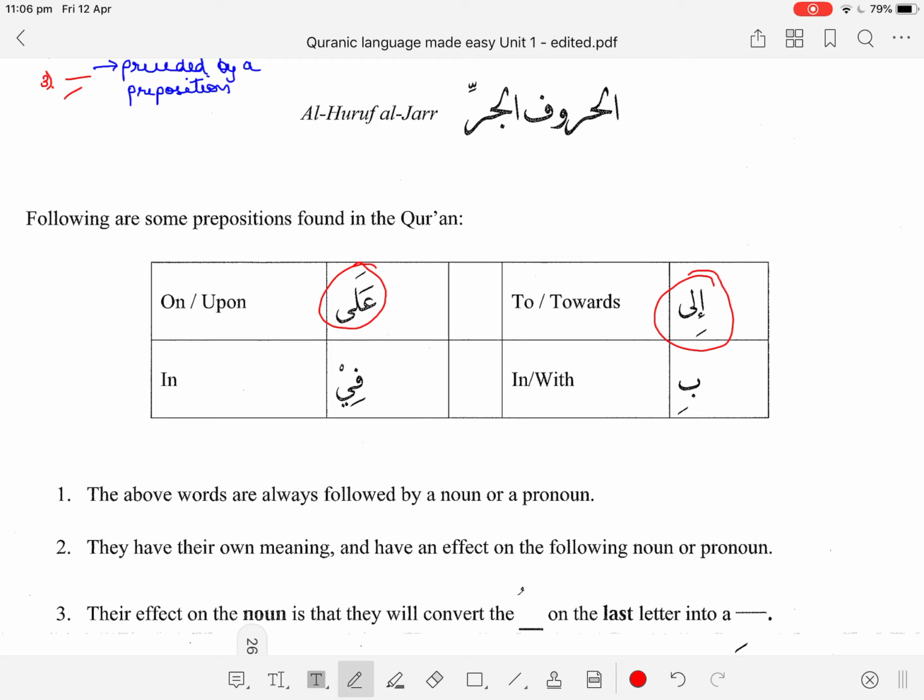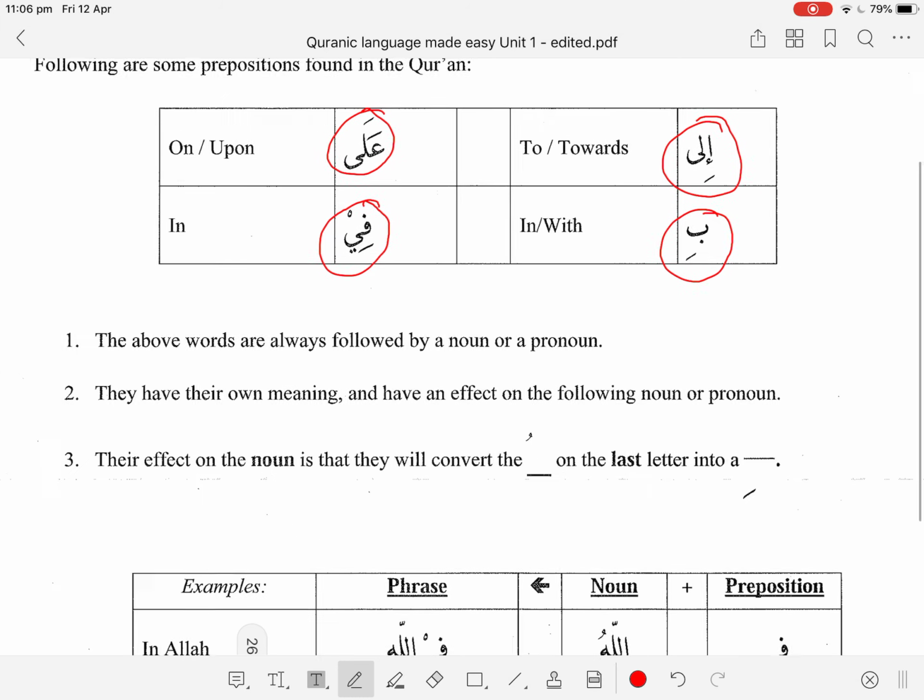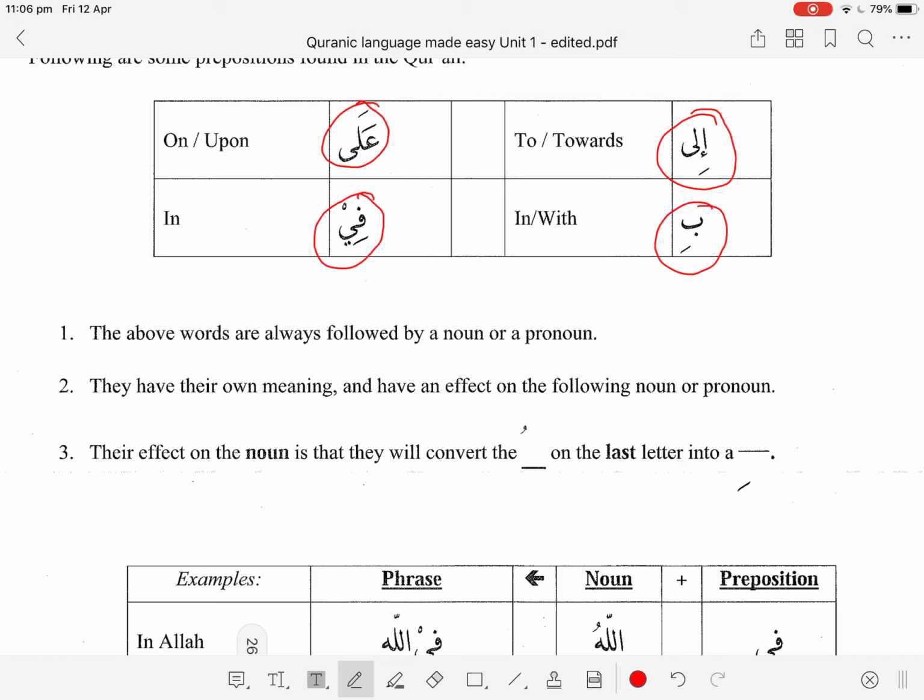Similarly, we have one more, which is bi. For example, the common example that we can think of is bismi, which is bi plus ism plus Allah. It's three things, right? So Bismillah. So this is bi, and we also have fi. Fi means in something.